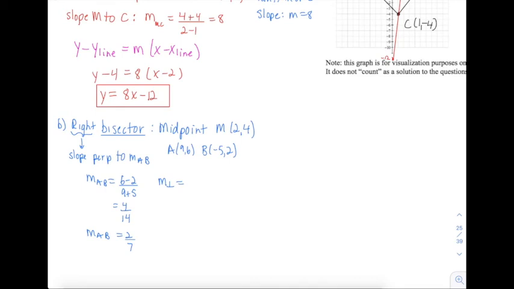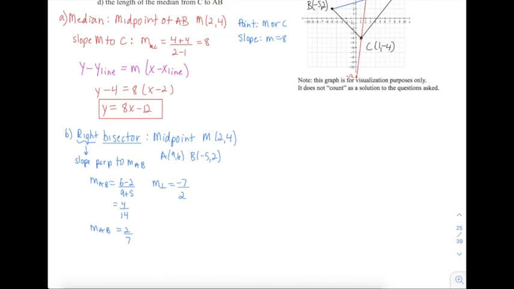What is the slope perpendicular to 2 over 7? Yeah, negative 7 over 2. Guys, I'm going to pause and give you a sec to catch up. Okay. That one was super easy.